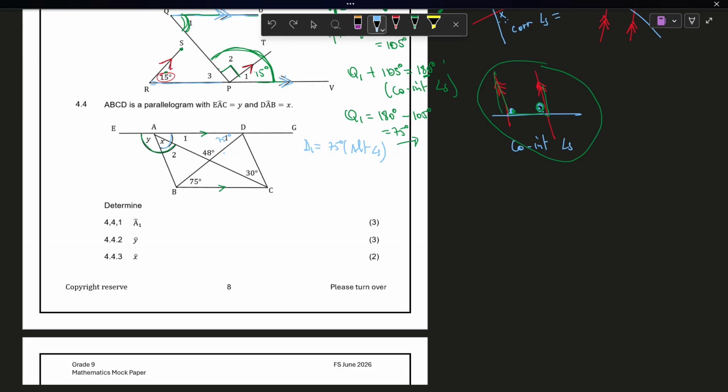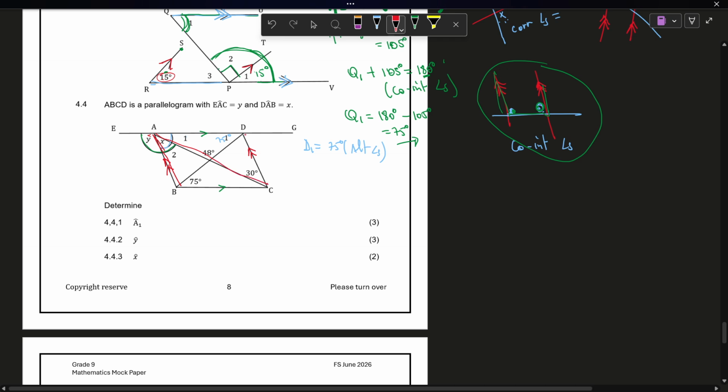We also see something very interesting: we see A2. A2 gives us also 30 degrees, right? Let me just show you here. Can you see I've got an N as well? Remember this line is also parallel to this other line.